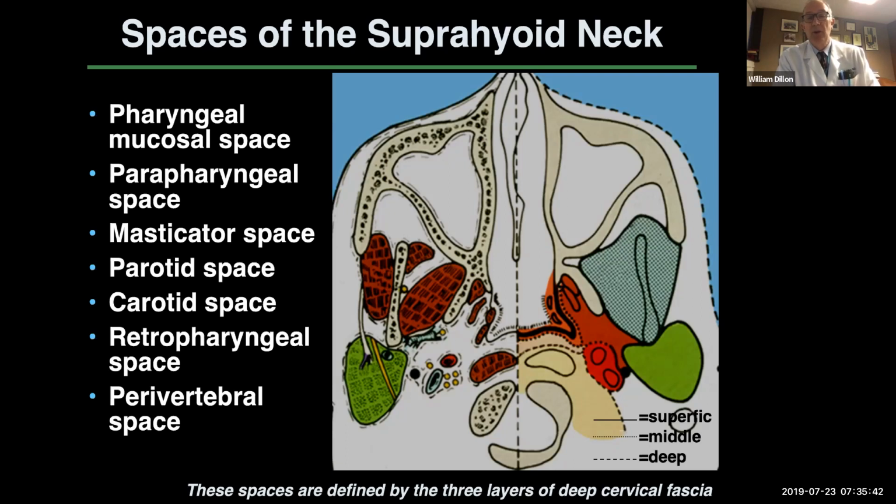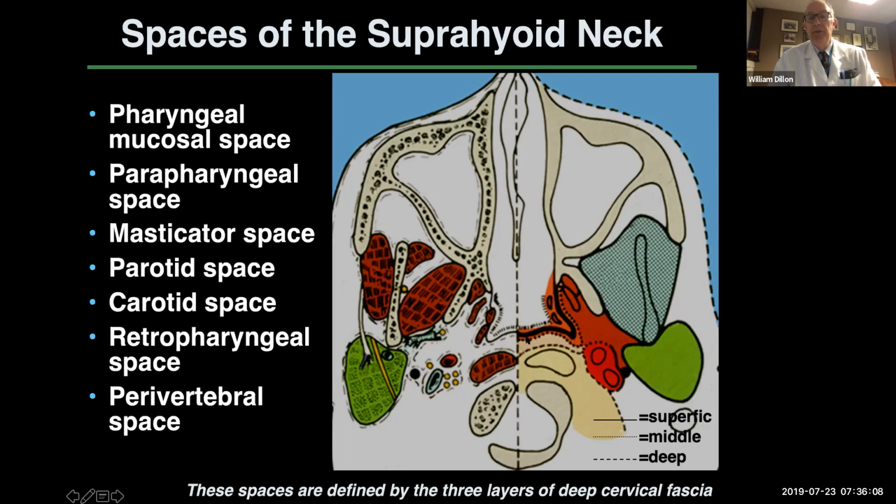For instance, the mucosal space, the parapharyngeal space shown here in red, the masticator space around the mandible, the parotid gland, we call that the parotid space. Its deep portion abuts the parapharyngeal space. Remember, the seventh nerve courses through it. The carotid space around the jugular and carotid artery and the cranial nerves.